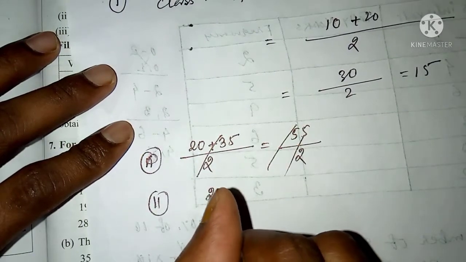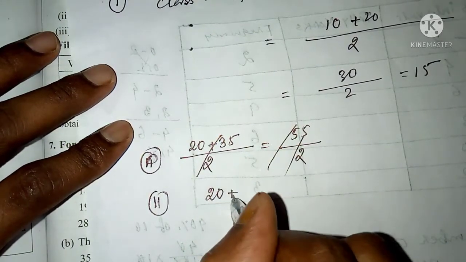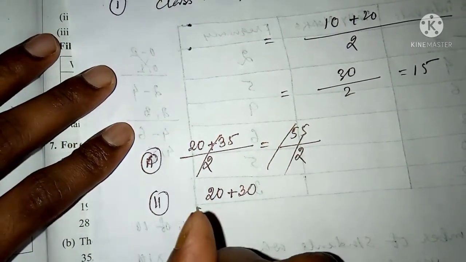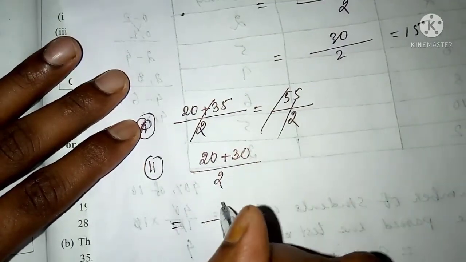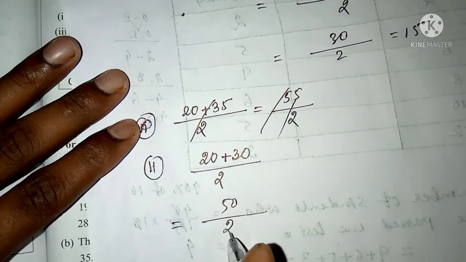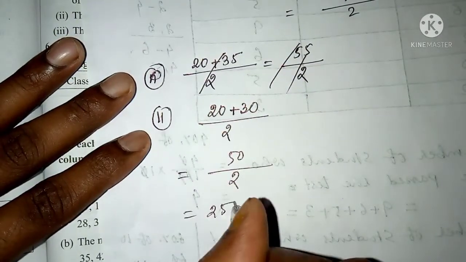So your lower limit is 20, upper limit is your 30. Now 20 plus 30, that is your 50. 50 divided by 2, that is your 25.